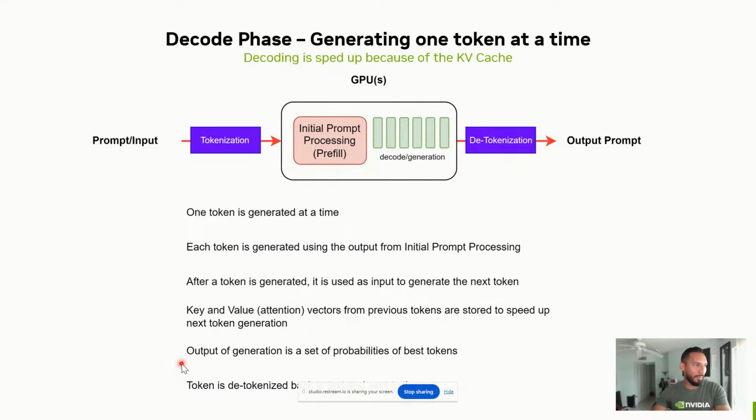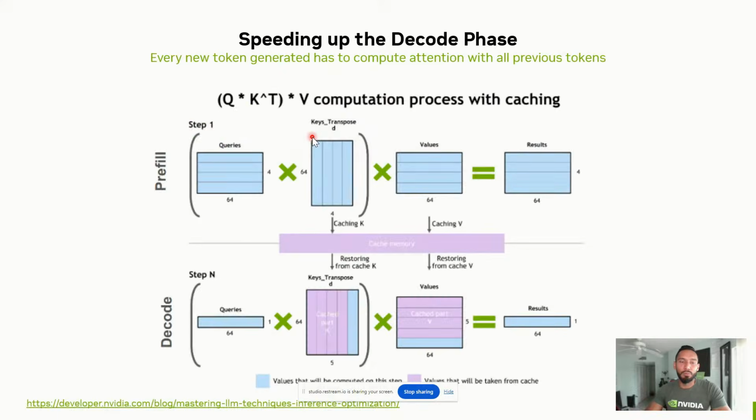There are different decoding mechanisms that you can choose on the output. But the main thing to take away from the decode phase is that it is generating a single token at a time. Every time that token is generated, it goes back into the input, and essentially you're storing all of that data onto the GPU.